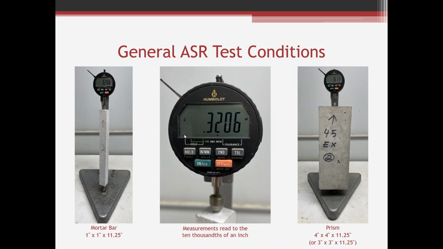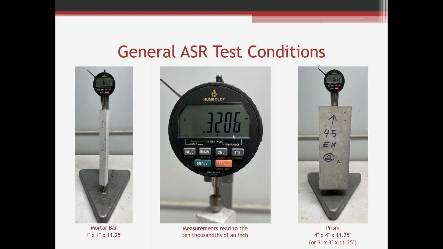This is the device that we use. This is a sample right here. It's a 1 inch by 1 inch mortar bar, and we've got it in our measuring device. This measures the relative length. So it's this 0.3206. This whole sample is not that length. That's just the relative length change.